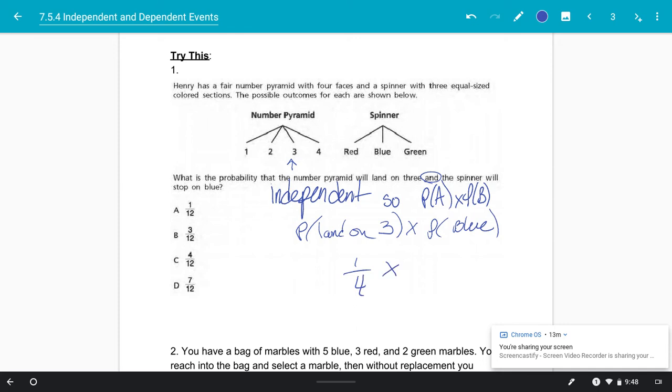What's the probability we land on blue? Well, there is 1 blue side out of 1, 2, 3 total outcomes. All right, so now we're ready to multiply our probabilities. 1/4 times 1/3, multiplying across the top gives us 1, multiplying across the bottom gives us 12, and I look at my answer choices, that matches choice A.